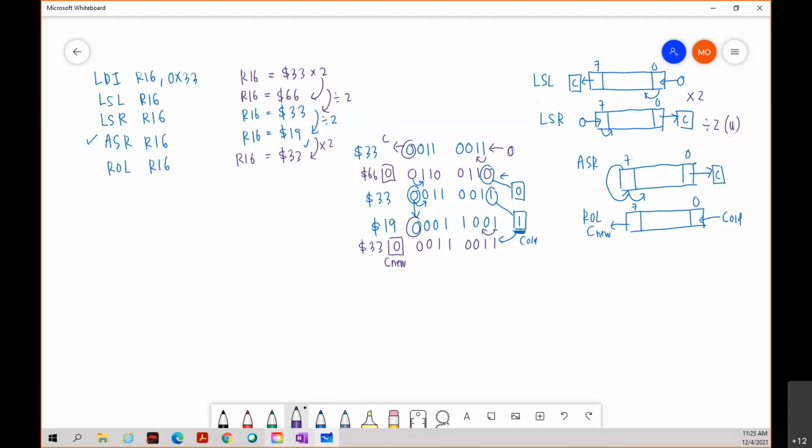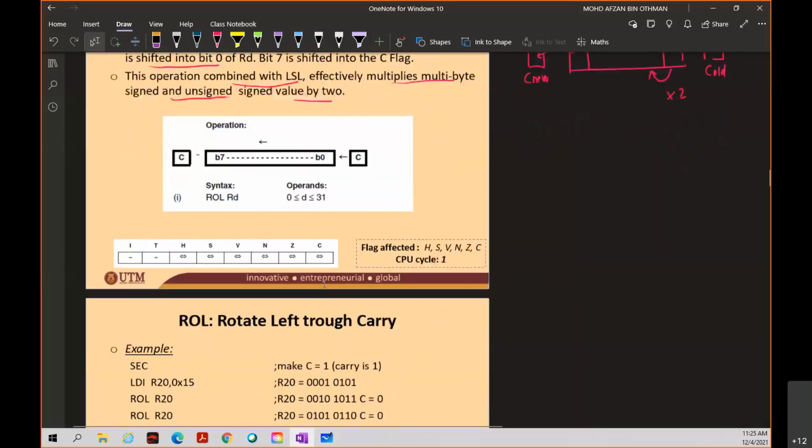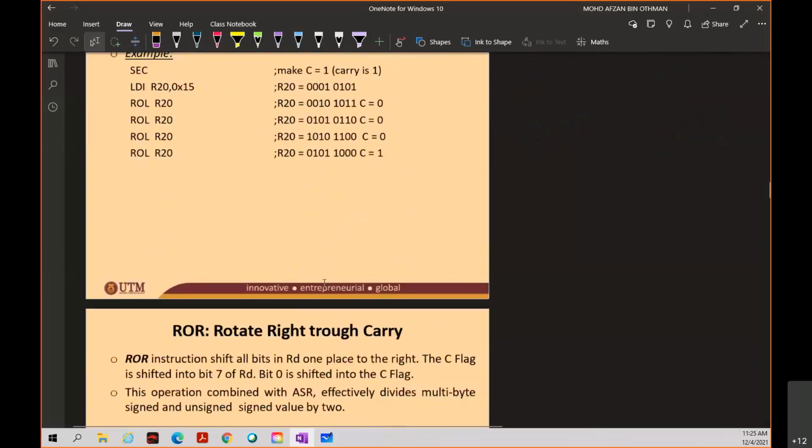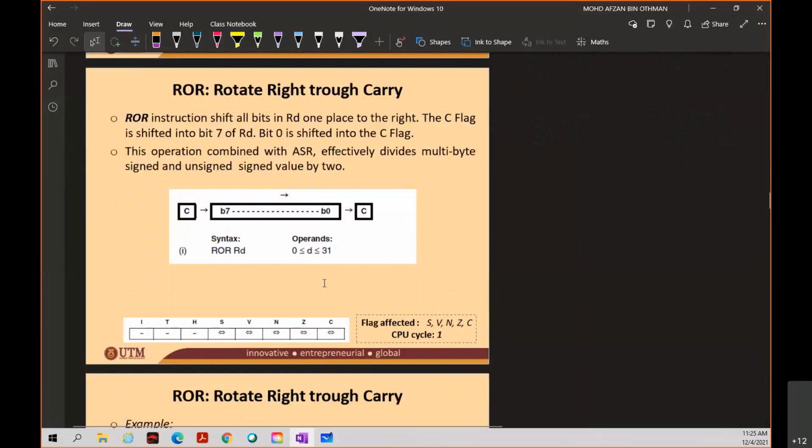And then next, we have the ROR. ROR stands for rotate right through carry. This ROR instruction shifts all bits in Rd one place to the right, which means all the data in the register will be shifted to the right by one bit.